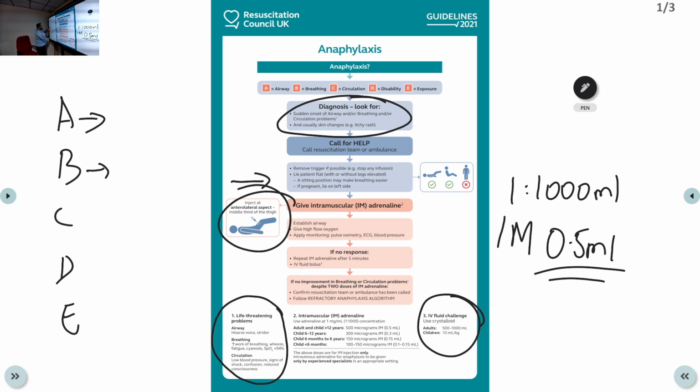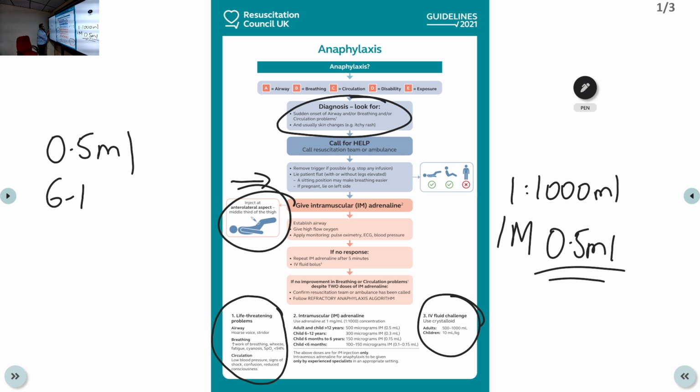So you can have different age groups. For an adult patient, it is pretty simple. It is 0.5 ml. Then depending upon the age groups, if it is 6 to 12 years, you need to give 0.3 ml. If it is 6 months to 6 years, you can just remember half the dose of this.